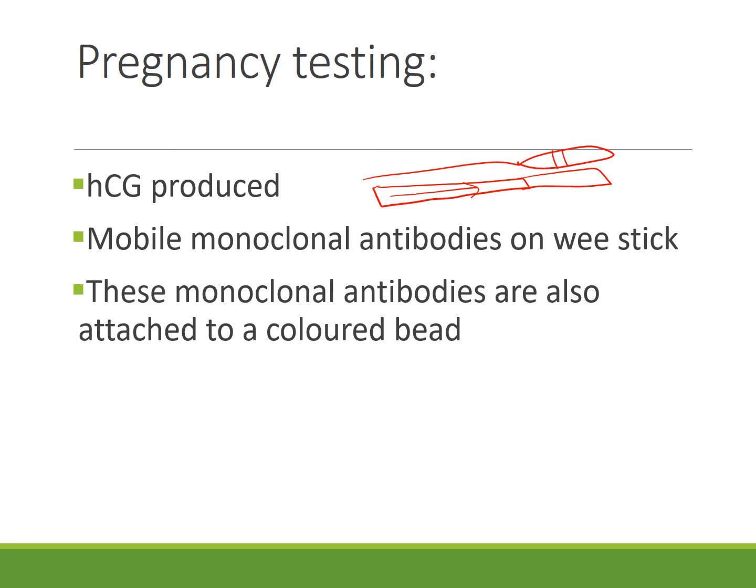When the urine goes up here, there is a line of monoclonal antibodies just sitting there, and if the HCG is in the urine, it slots into those antibodies and they turn the line pink or blue or whatever. So it's attached to a coloured bead, so that if the antibodies slot into the antigens, then you know that you are pregnant.